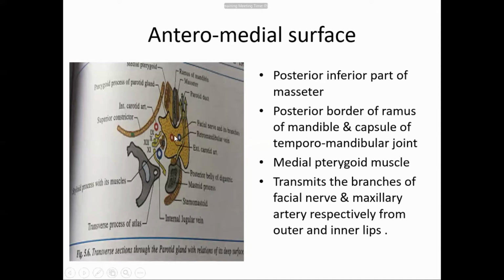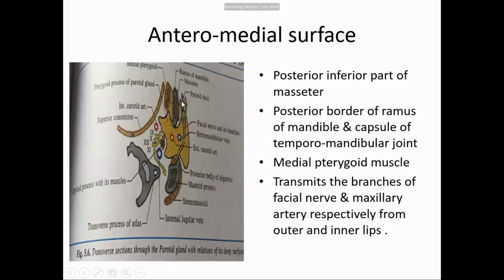The maxillary artery is a terminal branch of the external carotid artery. It is related with the posterior border of the ramus of the mandible near the insertion of the masseter muscle.